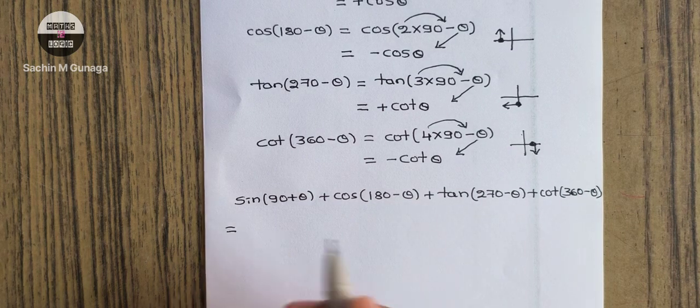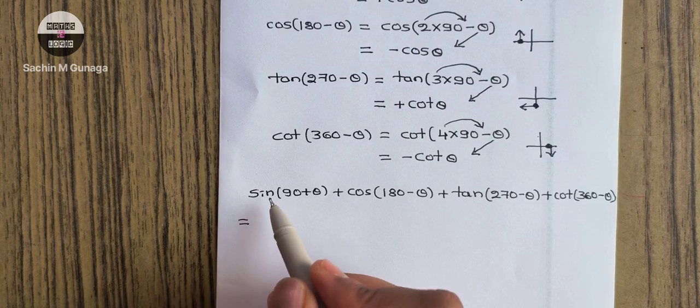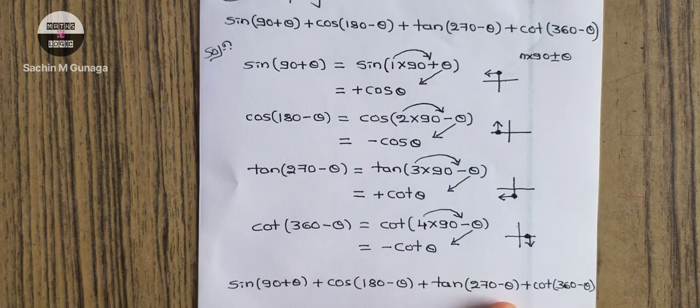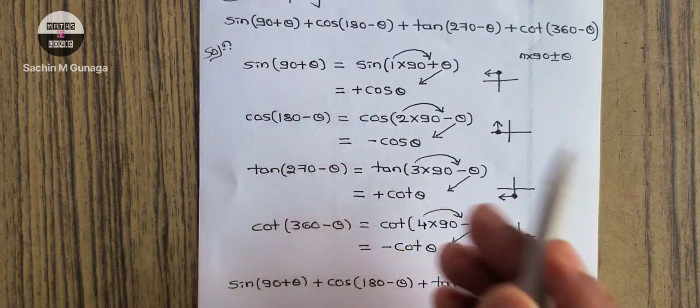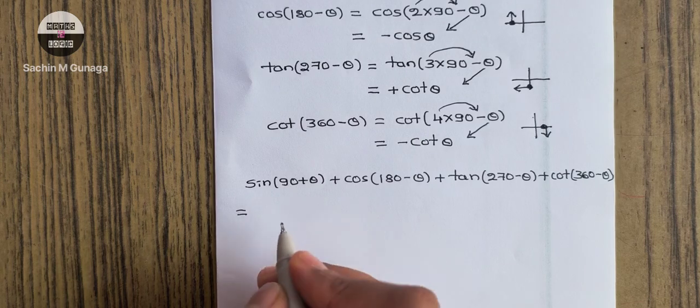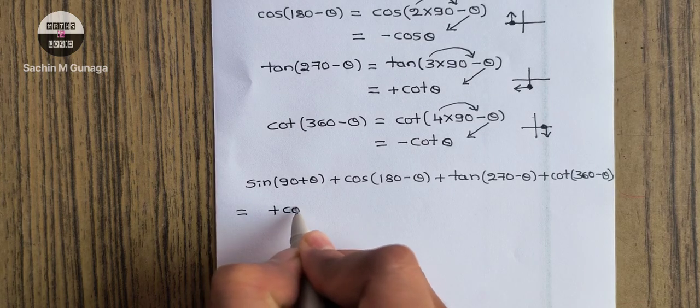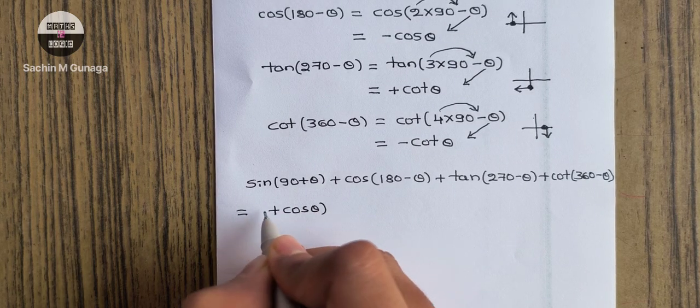So first here, sine 90 plus theta is how much? Plus cos theta. So I am going to write here plus cos theta in bracket.